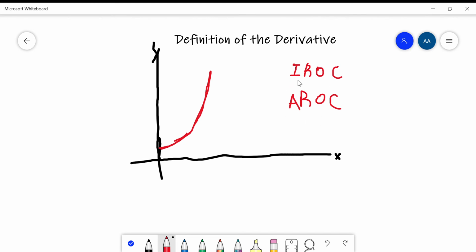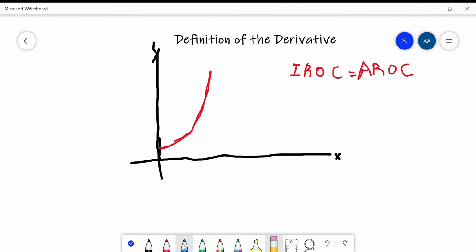Maybe not IROC though. But what the definition of the derivative wants to show you is that AROC is equal to IROC. Let me rewrite this: AROC equals IROC. Now, since the derivative is IROC, as I mentioned earlier, if you know AROC, you can find the derivative at a point.